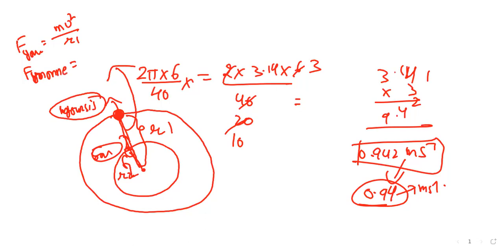Now what is the force experienced by you, or the force experienced by Moni? It would be m v squared over r2, because I'm just assuming that you are at a distance of r2, right?